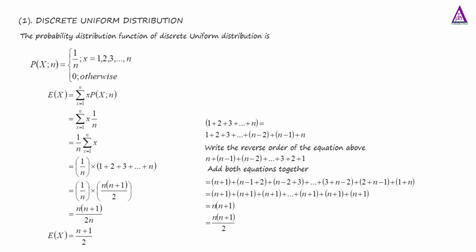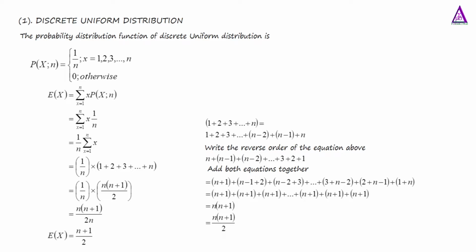Add both equations together, that is, the first one and the second one. When we add these two together, we have (n plus 1) plus (n plus 1) plus (n plus 1) and so on like that. We see that all of them are n plus 1, so now write n(n plus 1).